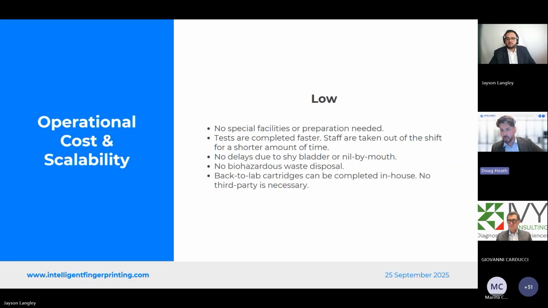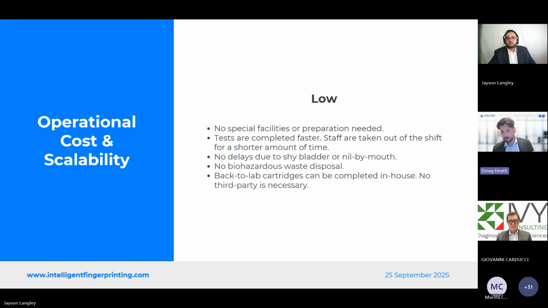But when we look at the cost of testing, the time of testing, the people needed to deliver it, the downtime, all of these different things that we've already mentioned, the operational costs and the scalability of fingerprint testing really come into their own, and there's no downside to it.